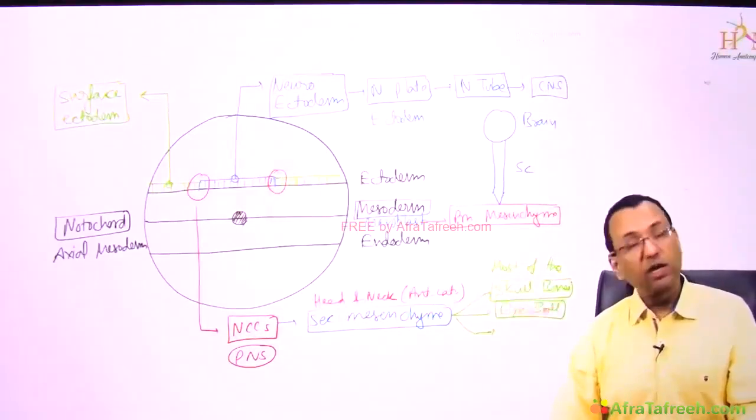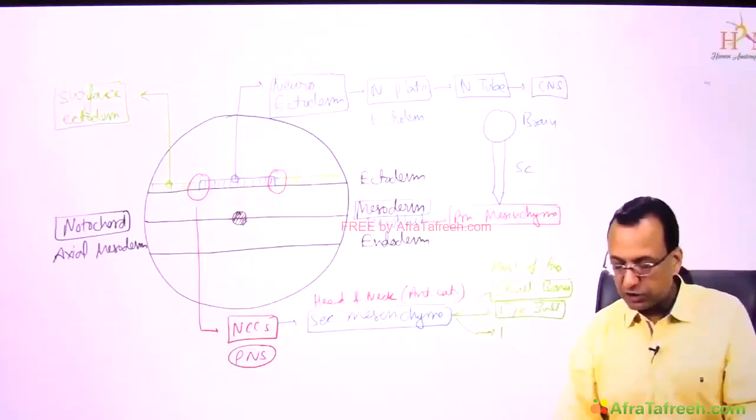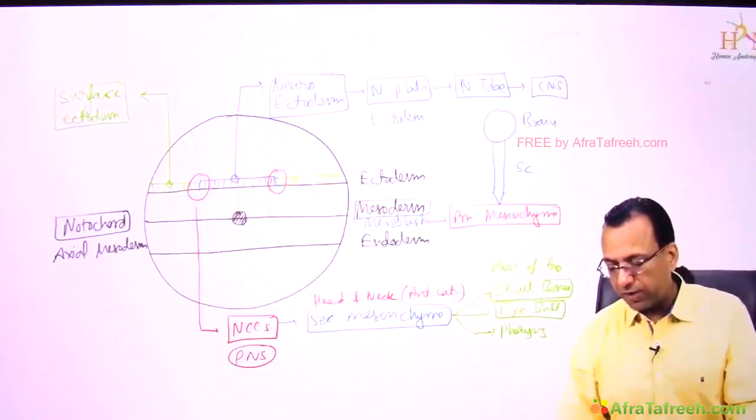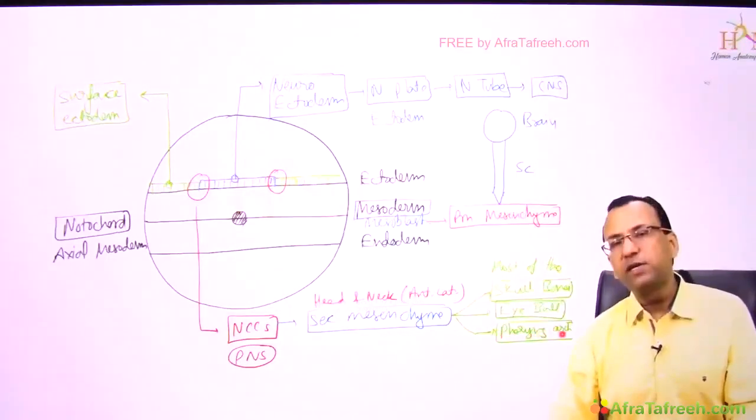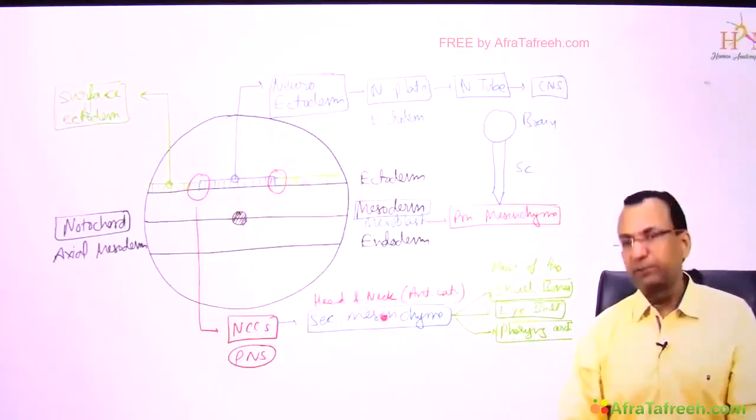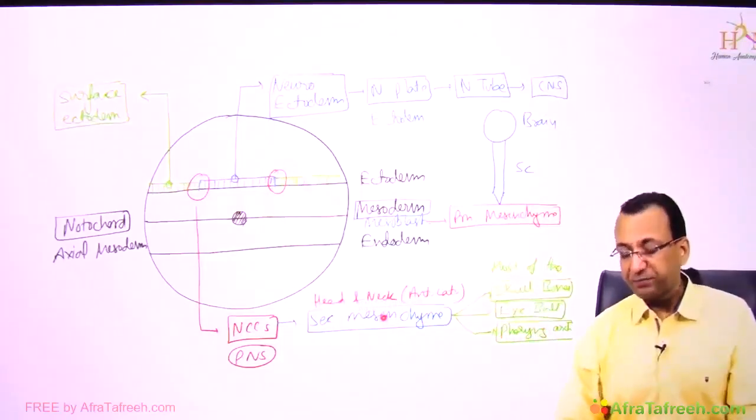And what about the other contributions? It is the pharyngeal arches. The pharyngeal arches also have some mesoderm, and it is mostly the secondary mesoderm. So what are the exceptions then? I told you already.